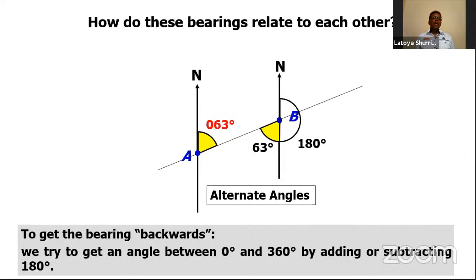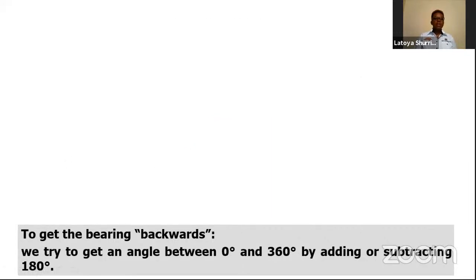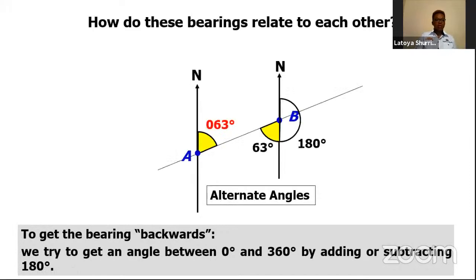So if you look at the bearing from B to A, you are seeing where that bearing from A to B would have been formed, and we would have just added 180 degrees to get back to B if we wanted to move from A to go back to B, which would have given us our bearings. That would be that 63 degrees rather, adding 180 degrees, and that would have given us our bearing. Are you seeing that?